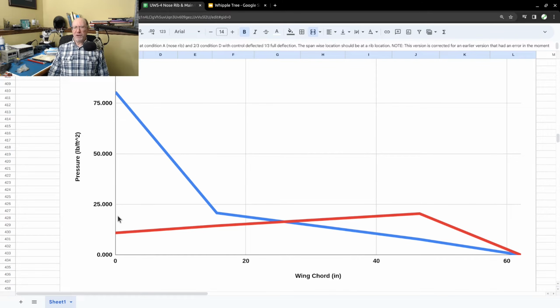But this little extra bit down here, let's consider it by itself. The centroid of that, which would be a rectangular shape, would be right in the middle, so that would be at about 9.5 inches. So I know that the lift centroid has to be somewhere between 6.5 and 9.5 inches. Now I also noticed that the area under this triangle is going to be much larger than the area down here for this little rectangular area.